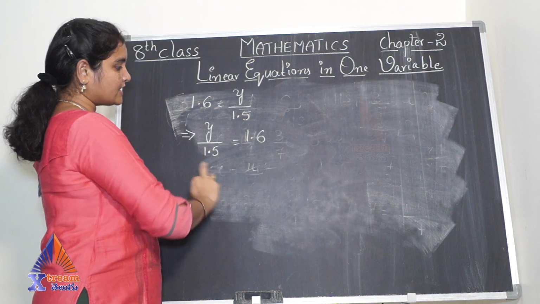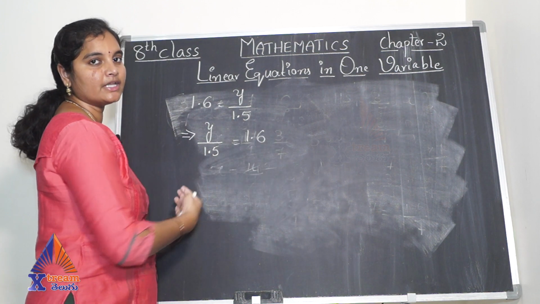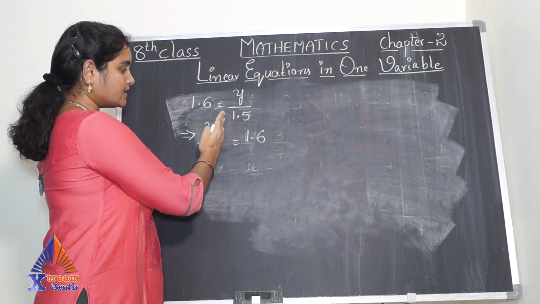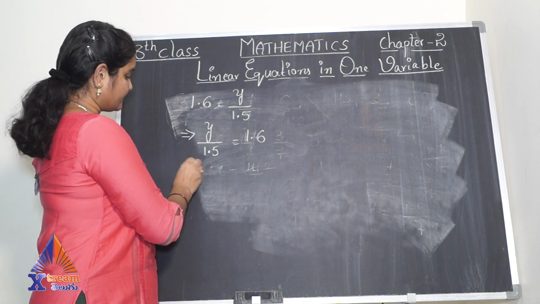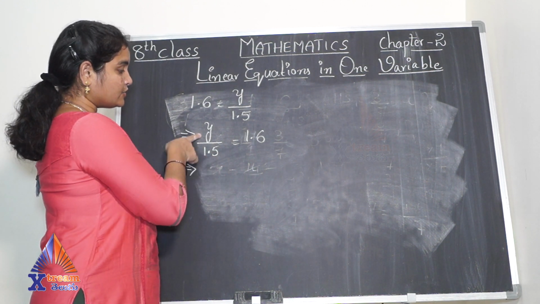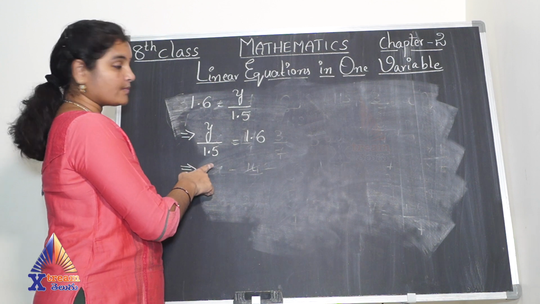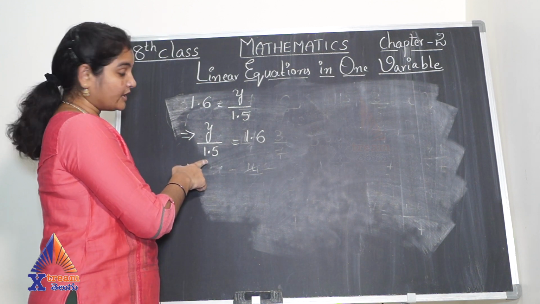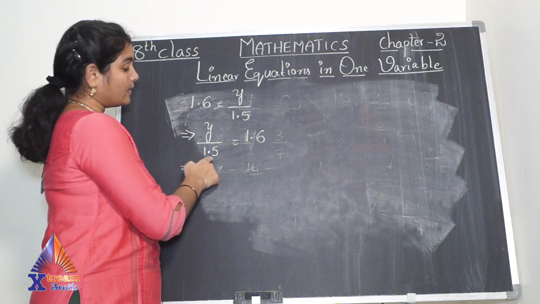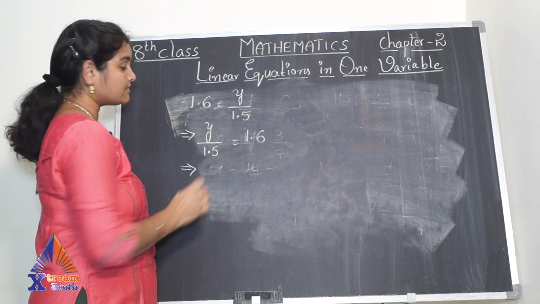So we have exchanged LHS with RHS and RHS with LHS. Now we have our variable on the left hand side. Now this 1.5, we need to find the value of y here, and this 1.5 is the denominator. That means it is under division. When this division goes to the other side, it becomes multiplication.